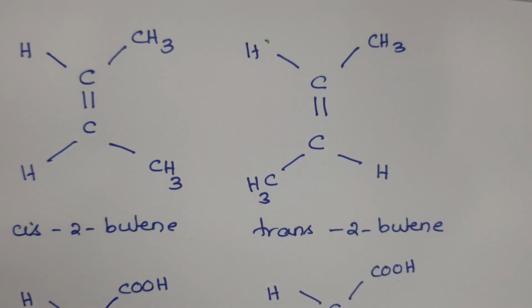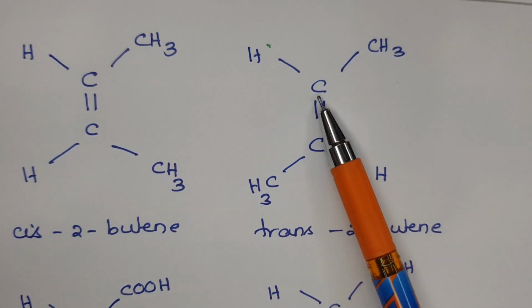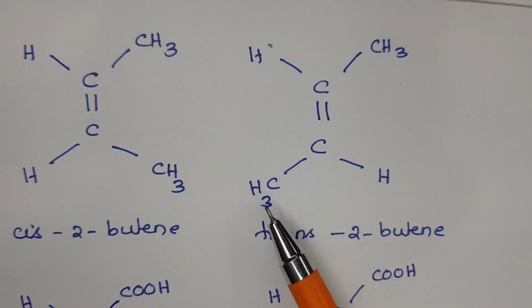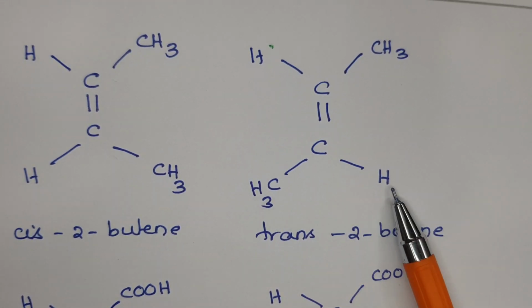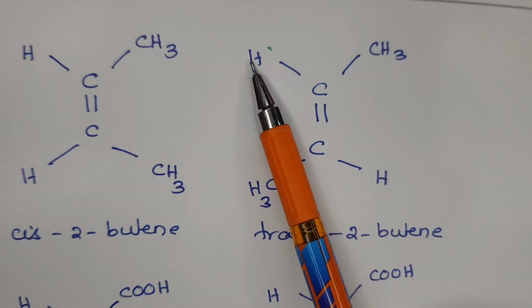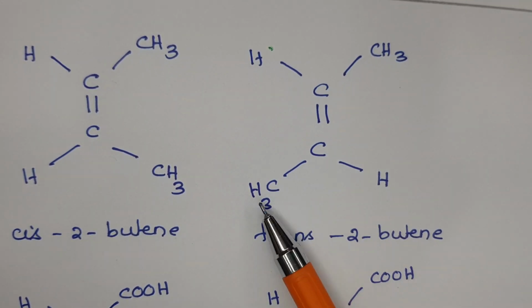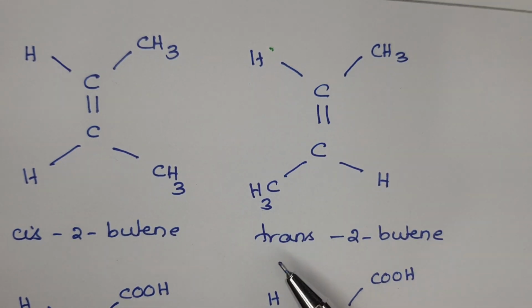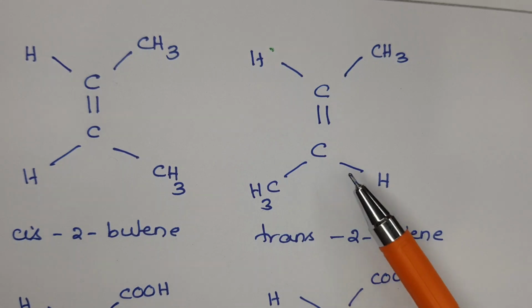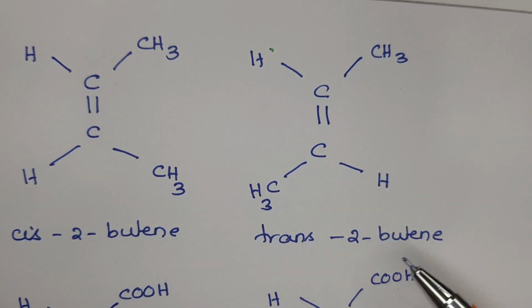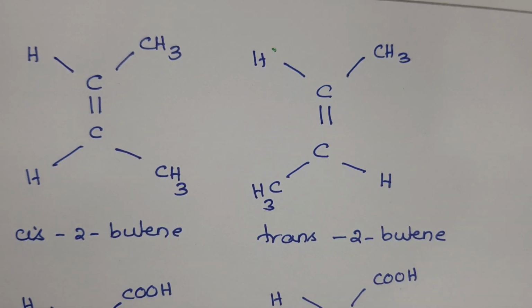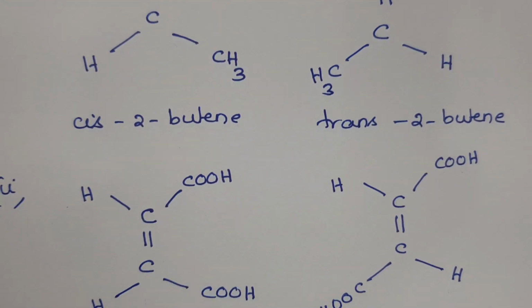Coming to the trans isomer, C double bond C: CH3 on this side, hydrogen on this side, hydrogen on this side, CH3 on this side. So hydrogens are on opposite sides, methyl groups on opposite sides. Such an isomer we call a trans isomer, and as it is 2-butene, we call it trans-2-butene. Clear?